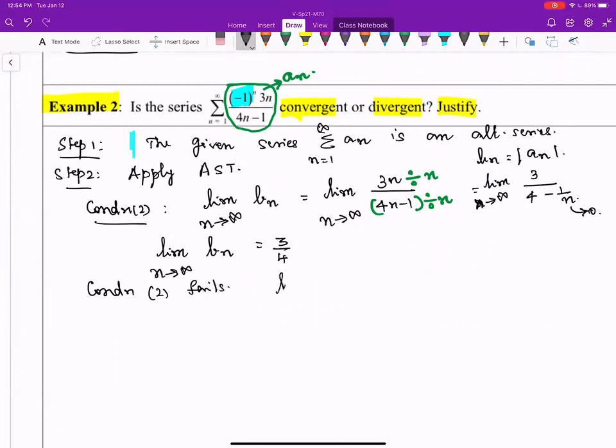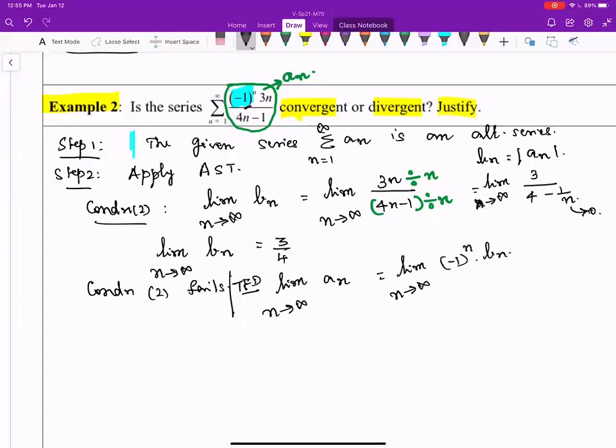Also, if you consider the limit as n approaches infinity of An, in fact we are actually considering the test for divergence in this case. The limit as n approaches infinity of An is the limit of -1 to the power n times Bn.